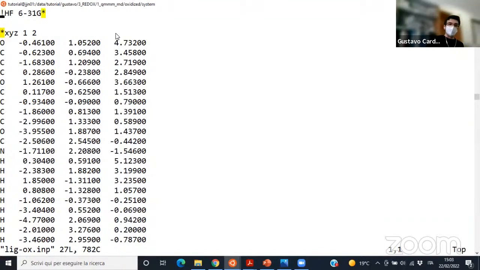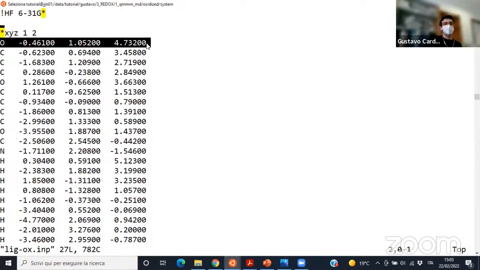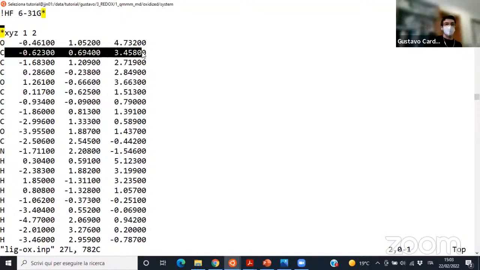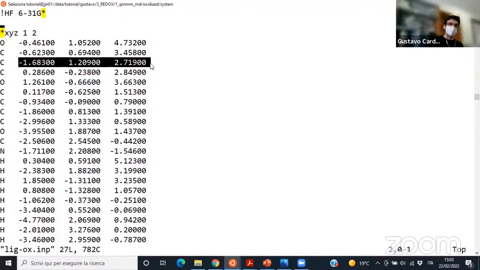Okay, so back to our system. Here we have the exact same geometry, the x, y, z coordinates of the oxidized version of the ligand. This is the same thing that is in the PDB file. Then Hartree-Fock. We're going to use the really well-known method Hartree-Fock, which, as some of you might know, is not that good because it misses the correlation part of the wave function.